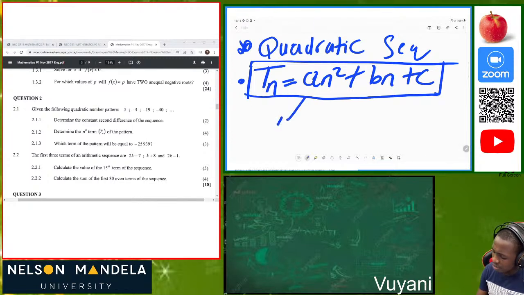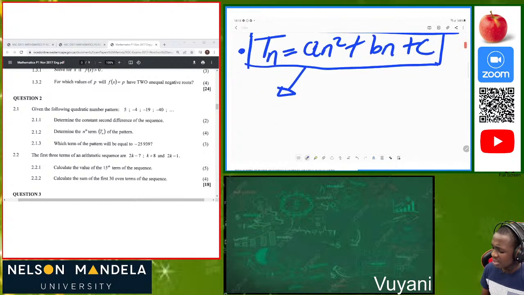Now, how do we calculate our value of a? Bear in mind that on a quadratic sequence, we have the second constant difference, which is represented by a small letter d.